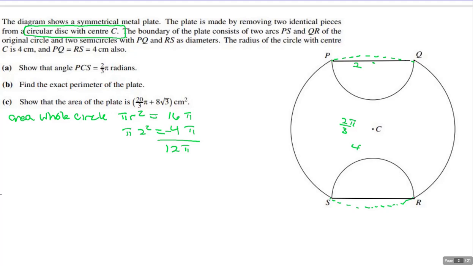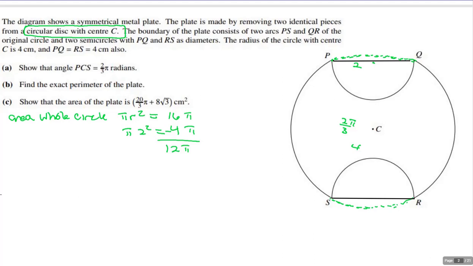Wait, what's gone again? Remember, this is a circle, right? Mm-hmm. So do you see this green dotted line? Yeah. That used to be there when it was a circle. Is it there now? No. So we got to figure out a way to take it away. See, we found the area of the whole circle, right?